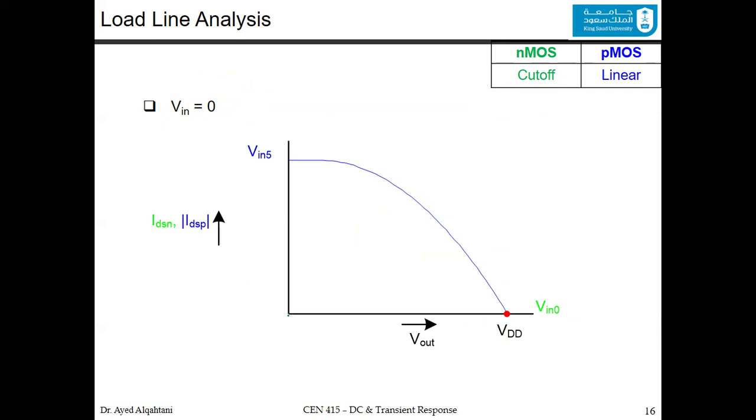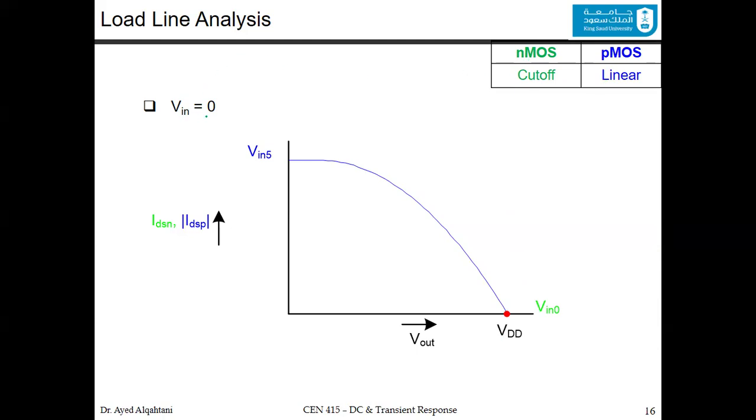It's not even shown because it's right on the black line of the x-axis. And the other curve that is working for the PMOS is the one shown here. Now, the intersection point between those two curves is right there, where the NMOS is actually in the cutoff region, and the PMOS, you can see here, is in the linear region.